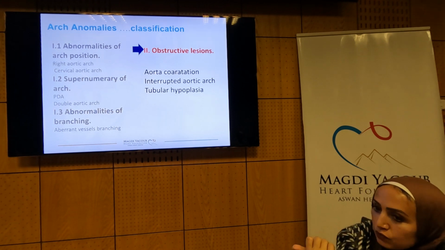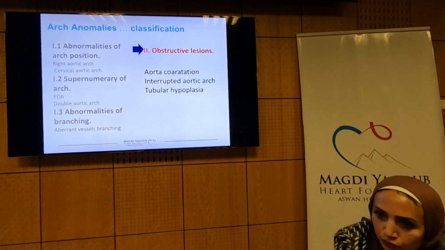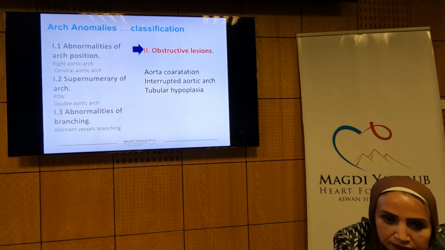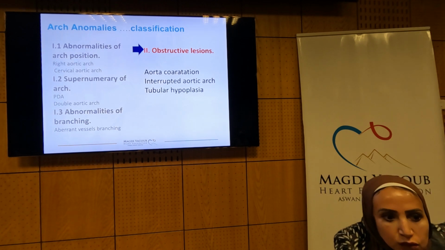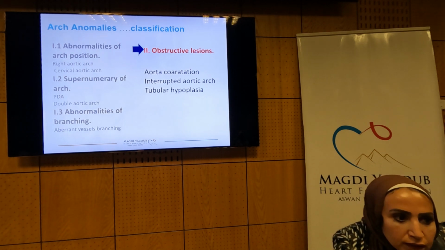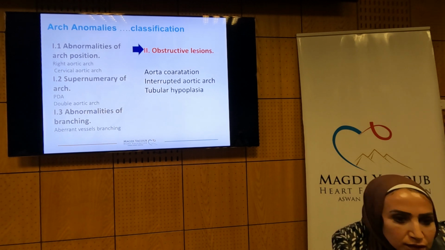Obstructive lesion, as we said, less blood went through the isthmus part during fetal life, so it affects the development of the descending aorta. Before understanding the fetal life, I usually ask how it comes to have a normal ascending aorta and an interrupted aortic arch.